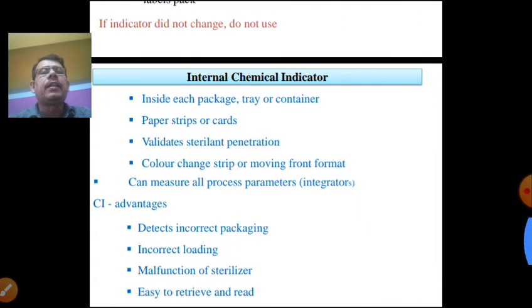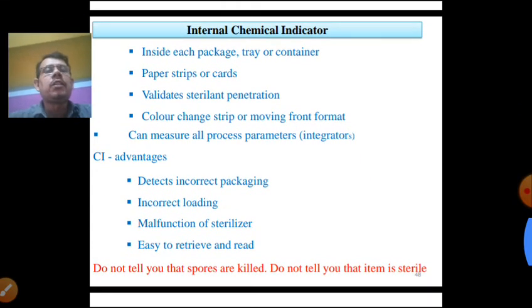The internal chemical indicator is used just inside the package, tray or container. A paper strip or card is used for the sterilization and validates the sterilant preparation also, as a color change strip or moving front format, and it can measure all process parameters.